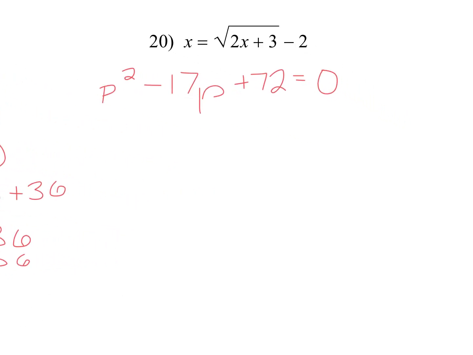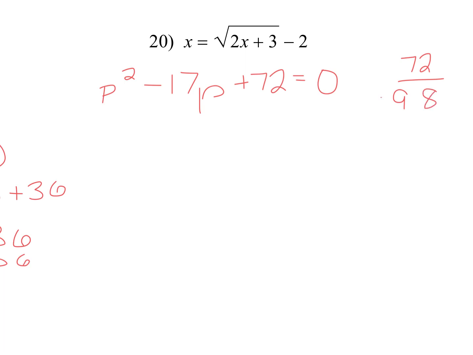When we get to this point right here, factor, right? Again, we're thinking of what multiplies to 72 and adds up to what this time? Negative 17. Yep. What do we think? Factors of 72 that add up to negative 17. And why do they both have to be negative?